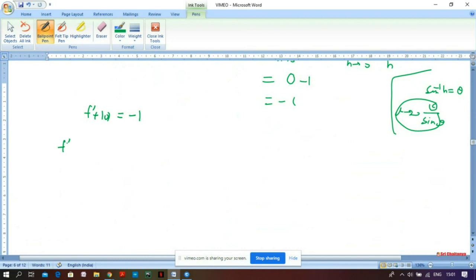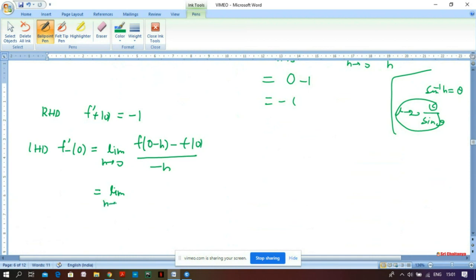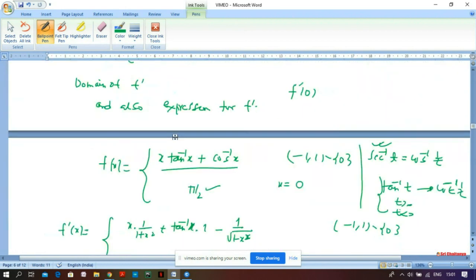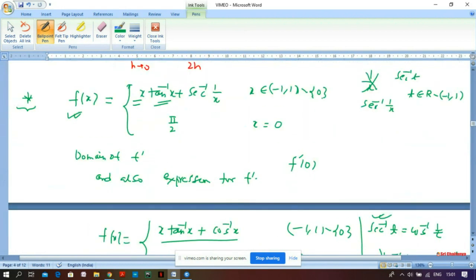Similarly, if I write f prime negative 0, the left hand derivative at 0, I will get the limit as h tends to 0 of f of 0 minus h minus f of 0 upon negative h. That equals the limit as h tends to 0 of f of minus h. Again I use the same definition because it is true when x is not 0.